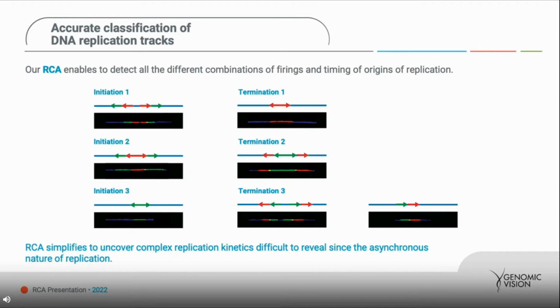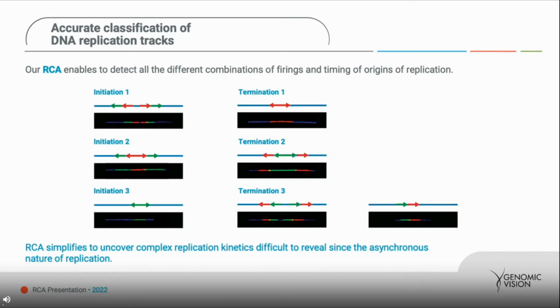And then for the third bubble, the termination 3, with the green tracks not completely joining. They will take time to join, and therefore you will see the blue DNA signal in the middle.